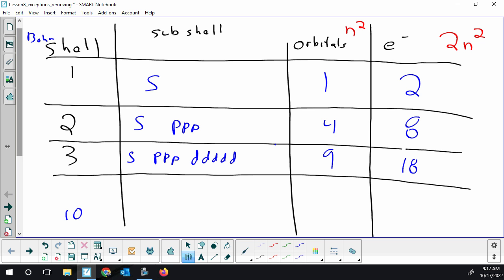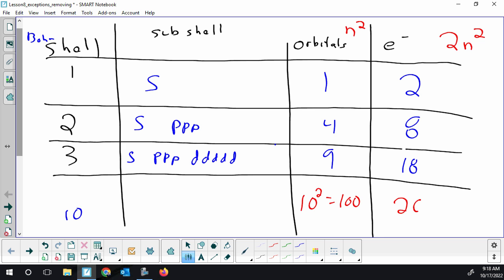So I certainly don't want to draw out all the subshells. There'd be S, P, D, F, and then I'd have to keep going alphabetically till I got 10 letters. And it's going to go 1, 3, 5, 7, 9, 11. It wouldn't even fit in that box. So I'm not going to write out all the subshells, but the total orbitals is just going to be 10 squared or 100.